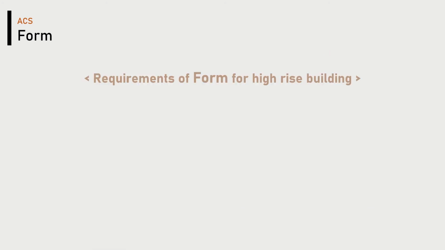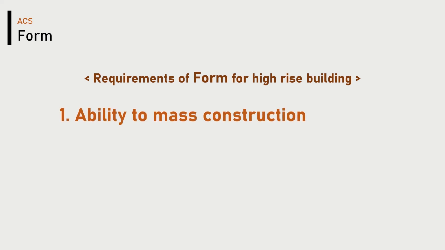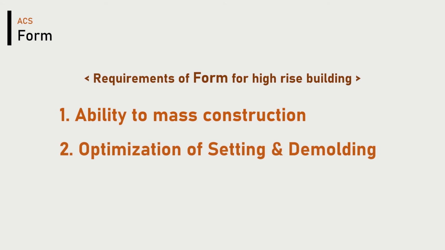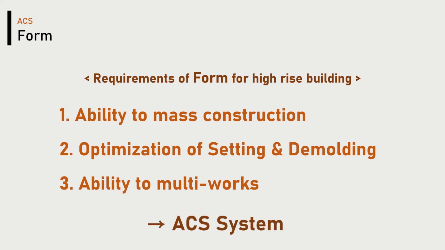So, the requirements for the forms used for construction of skyscrapers are as follows. It is the ability to mass construct, optimization of setting and demolding, and ability to merge works. It is the ACS form that satisfies these.